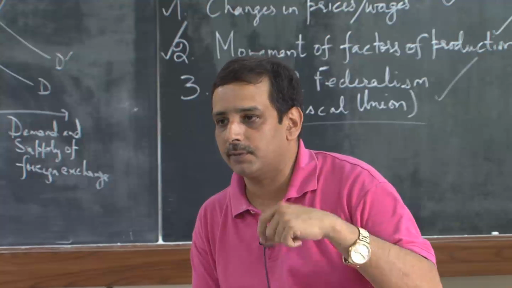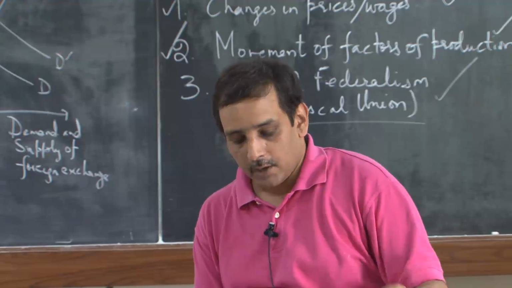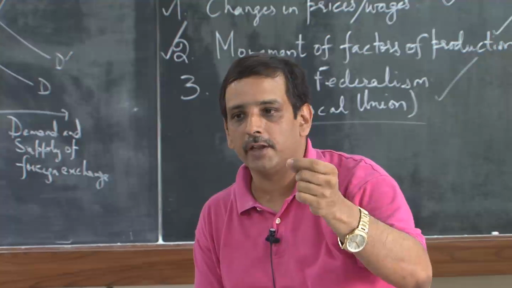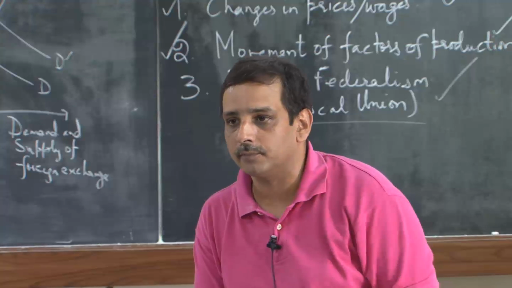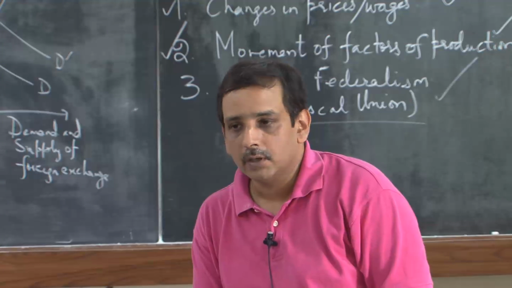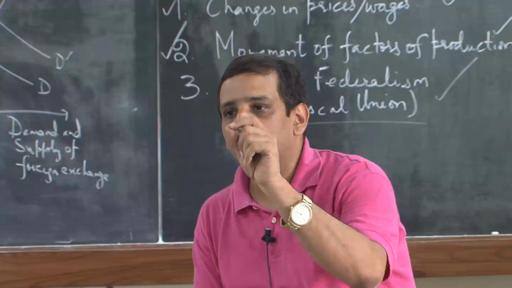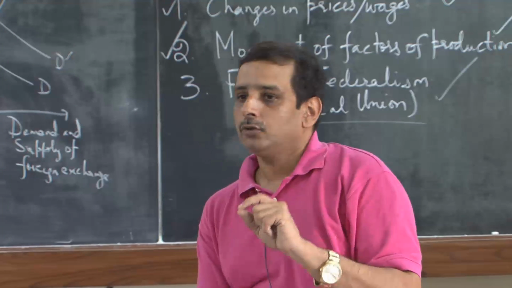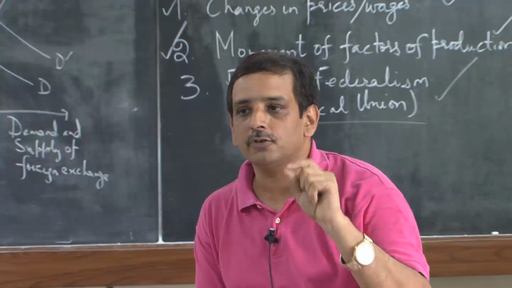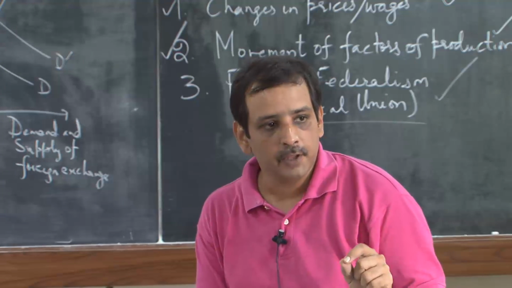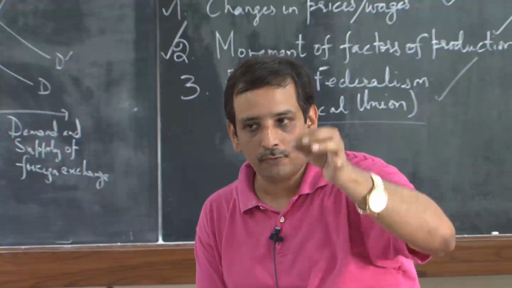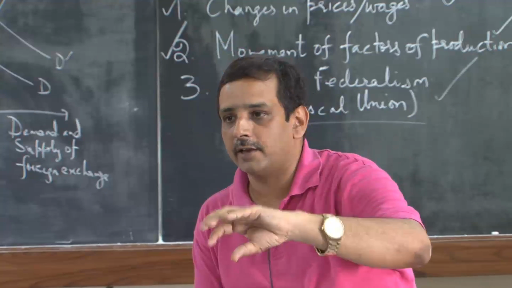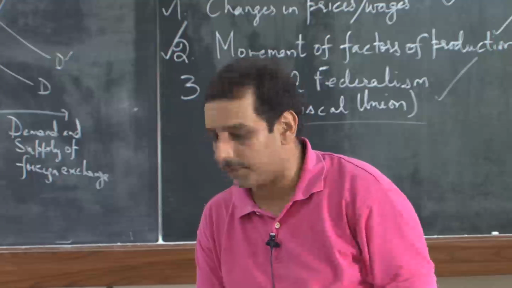This Maastricht is a place in Netherlands. What it evolved was a set of criteria for joining into European Union. That set of criteria is called the convergence criteria. So, tomorrow if Turkey wants to join the European Union, it has to follow the economic or the convergence criteria given in the Maastricht Treaty.